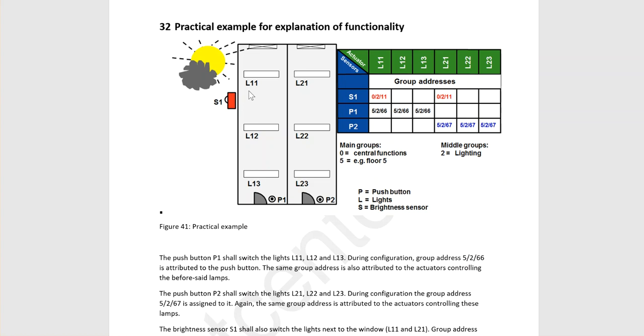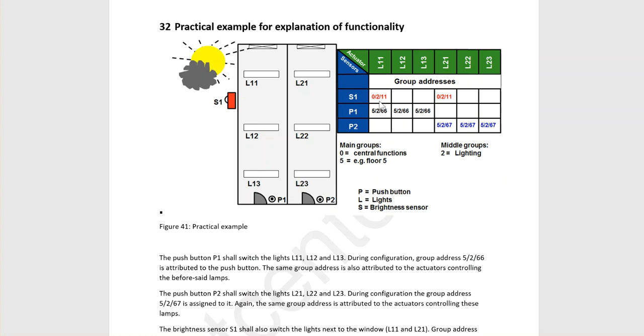The operation is this: if you press the push button P1, you can control these lights. And if the outside is cloudy and there is not enough light, the S1 sends the command to turn on L11 and L21. So here you can see the group addresses.